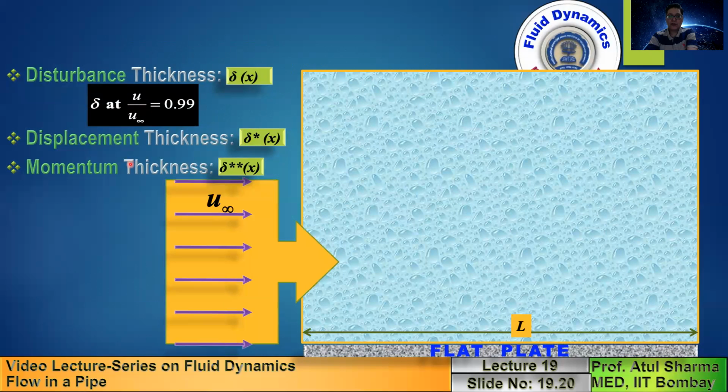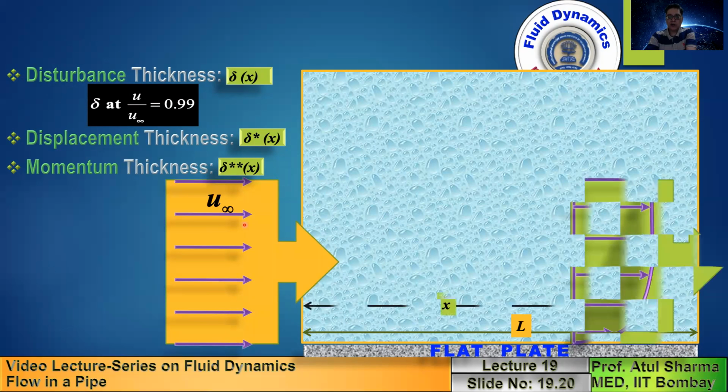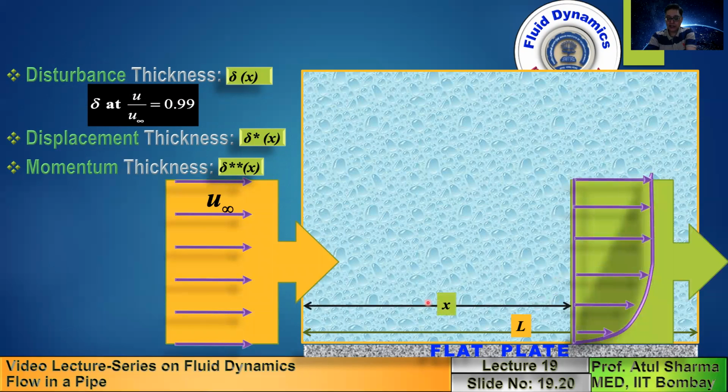So let us suppose this is a flat plate over which some fluid is entering with a constant velocity. At the inlet, you have a free stream flow. U equals U infinity everywhere. V equals 0. So as the fluid enters, at a certain axial location, note that this is at axial location X, this is the velocity profile that you have obtained.